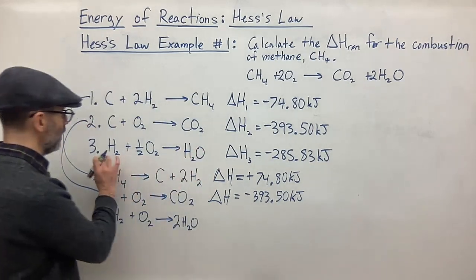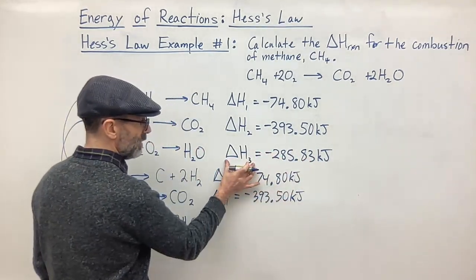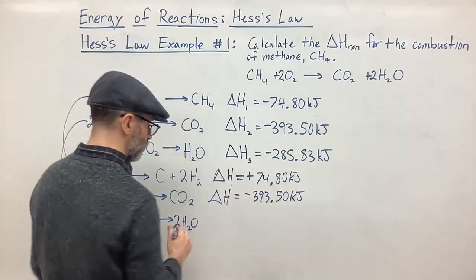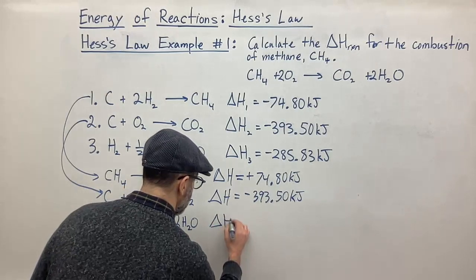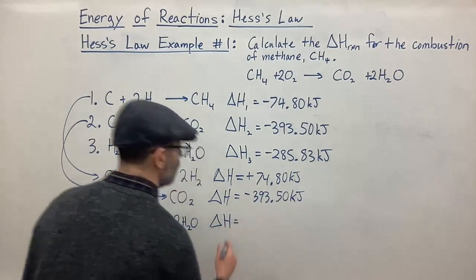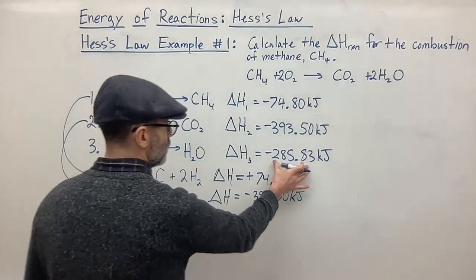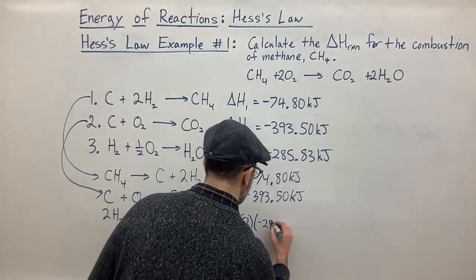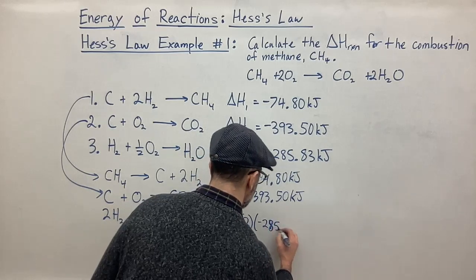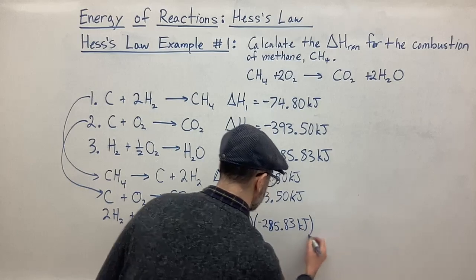And since I had to multiply this equation by 2, then I have to multiply this delta H by 2 as well to get the new delta H. So the new delta H of this reaction is going to be 2 times this, which is going to be negative 285.83 kilojoules.